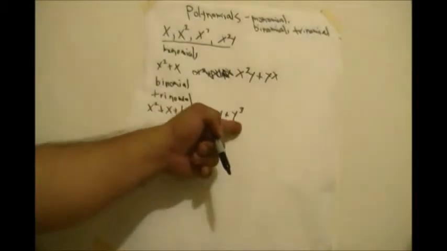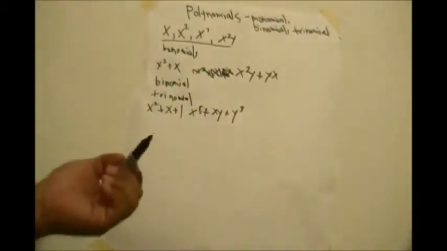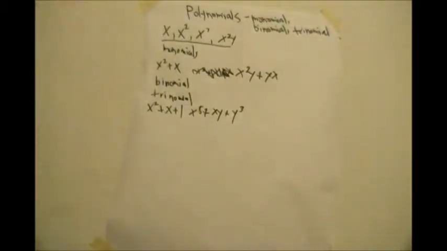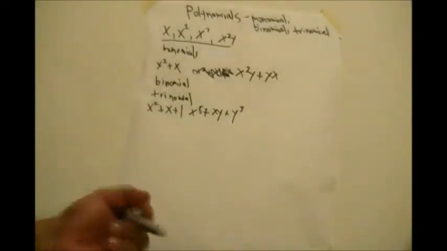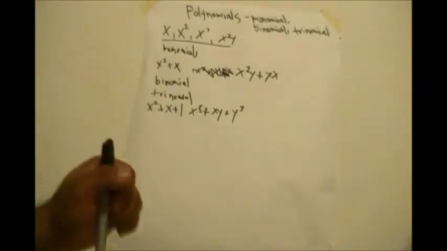So these are still three separate terms, even if they have multiple variables. So that doesn't change anything. Now next video I'm going to talk about combining and simplifying polynomials and putting it in standard form.